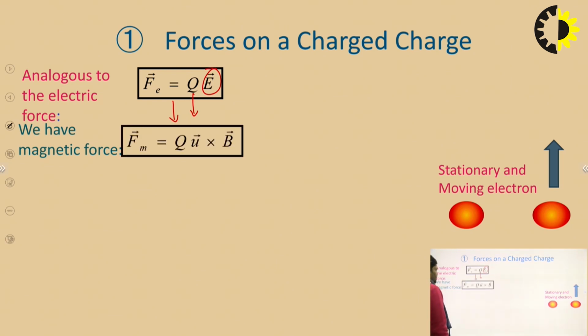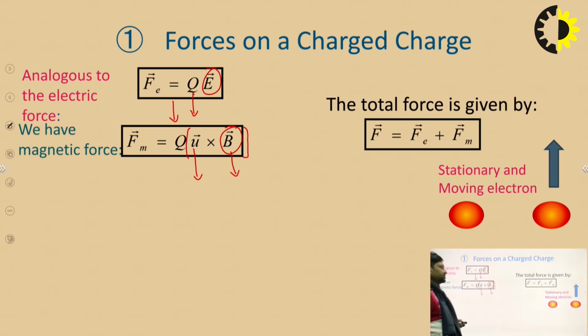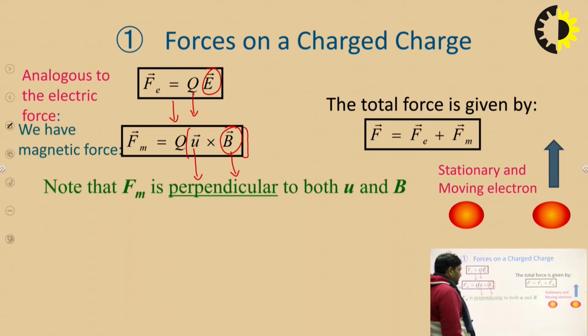The magnetic force, for a charge having a velocity u placed in a magnetic flux density B, the force on a charge Q is equal to Q u cross B. So the total force on that particular charge moving in the electric field as well as the magnetic field is F is equal to Fe plus Fm.